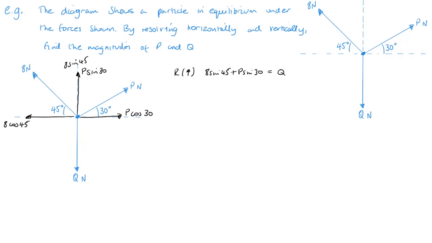We've got two unknowns in this. So let's now resolve horizontally, and I've got 8 cos 45 equals P cos 30. From this, it's nice and straightforward: I can use this equation to find P, and then substitute it into the other equation to find Q.